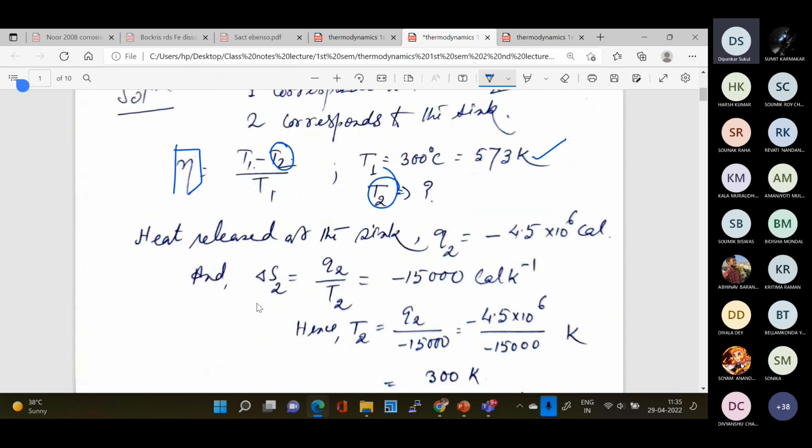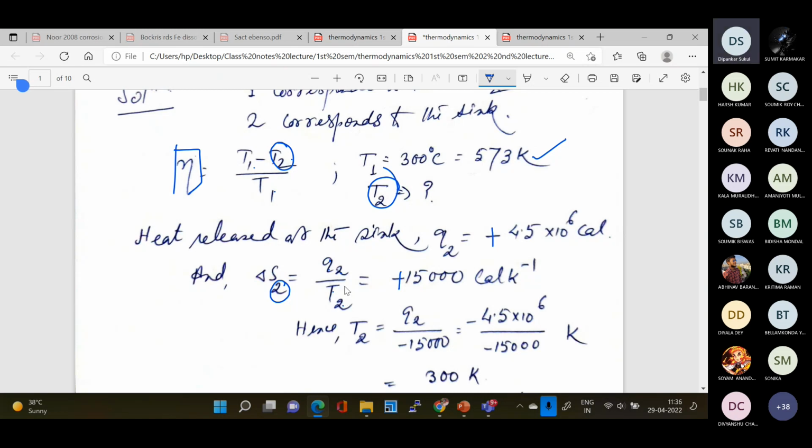For that, we know delta S is equal to Q by T. And for the sink, the entropy change of the sink, that is where I am putting the value 2, it will be the heat change of the sink divided by the temperature of the sink. And both are positive quantities, because we have used this convention.